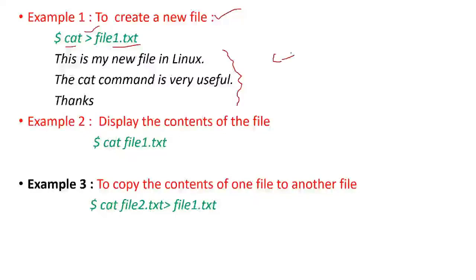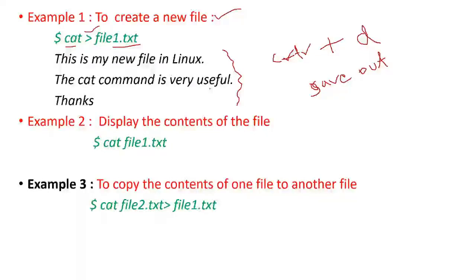You are going to use Ctrl plus D. After writing the contents of the file, you press Ctrl plus D. Then it will save the file and come out of the file.